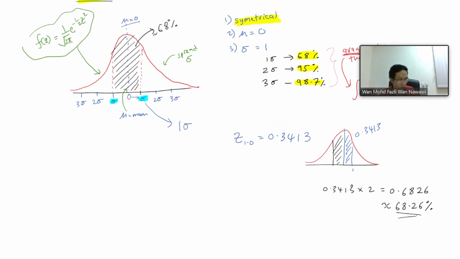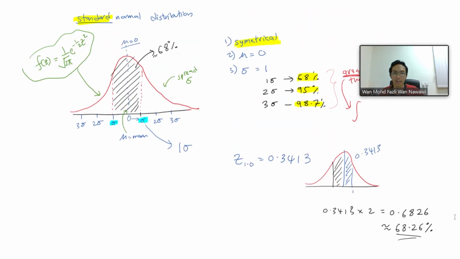That is how people get 68%. When you deal with the DOE later on, you normally find the probability, the confidence interval and so on. That is where that comes from.